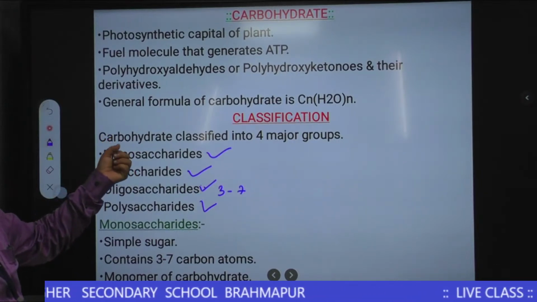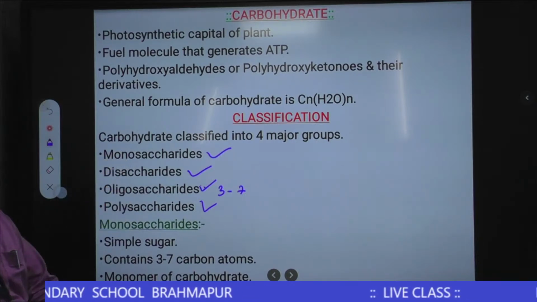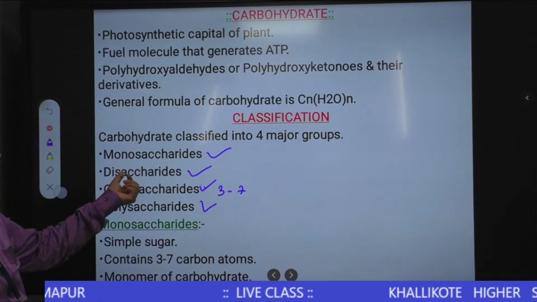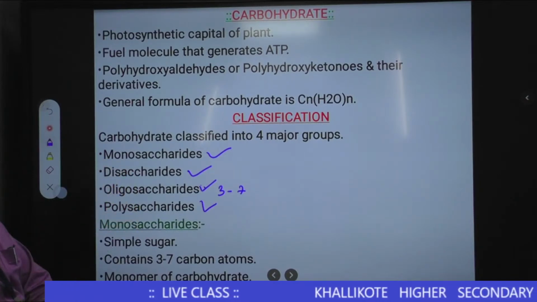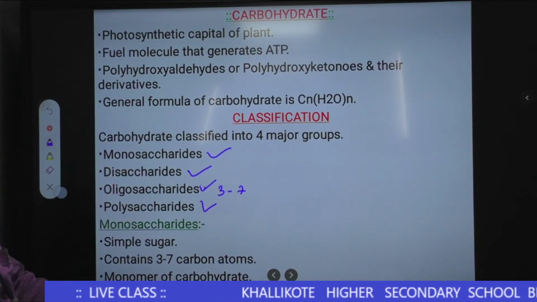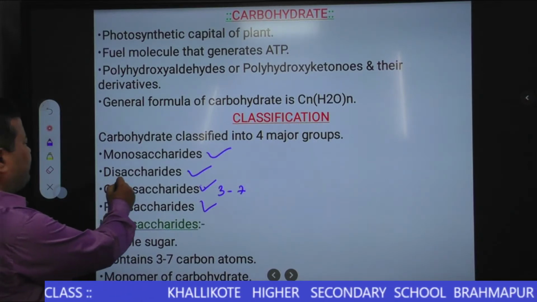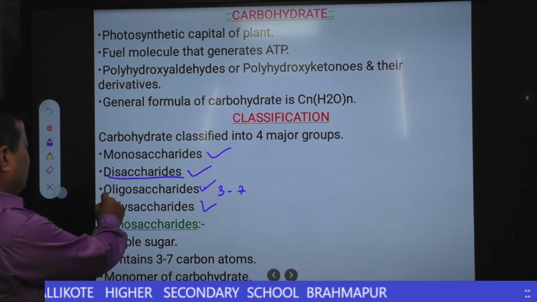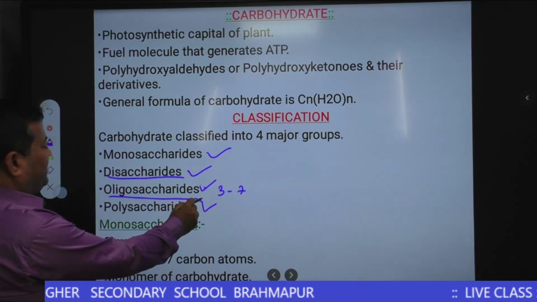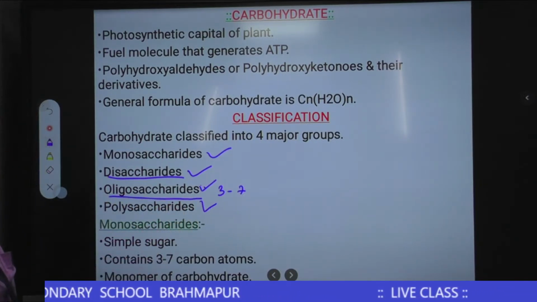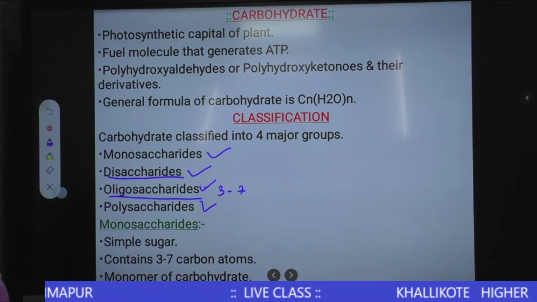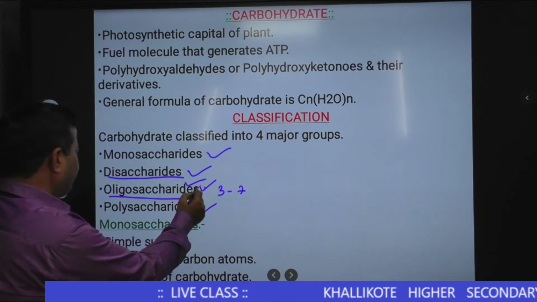When two sugar residues are combined with a glycosidic bond, that forms a disaccharide. When 3 to 10 sugar residues are combined by glycosidic bonds, that forms an oligosaccharide.